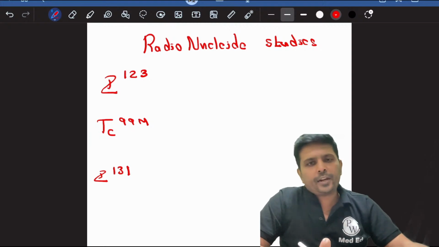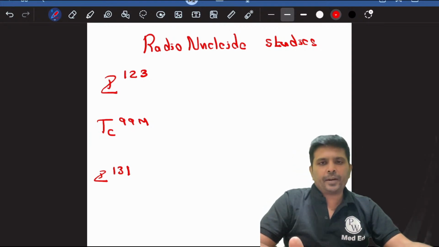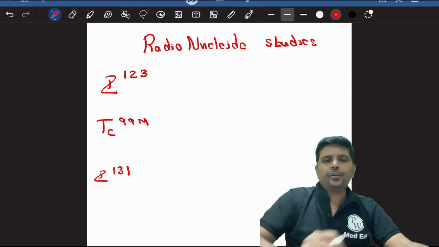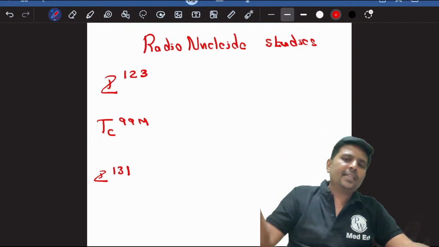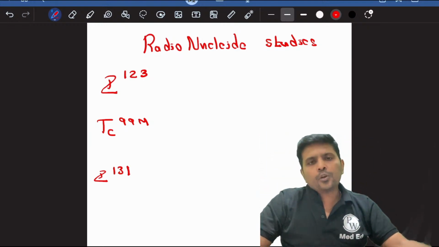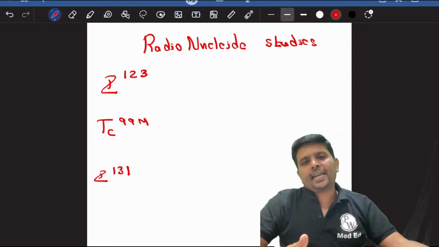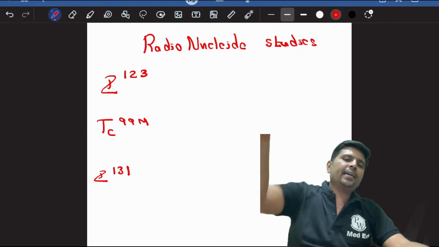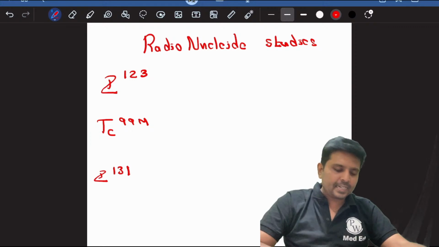What do you mean by radionuclide studies? These are nothing but you inject some dye into the body and these dyes will go and accumulate in the thyroid gland. So by looking into the pictures that can be taken after these dyes are getting accumulated in the thyroid gland, we can identify certain diseases.